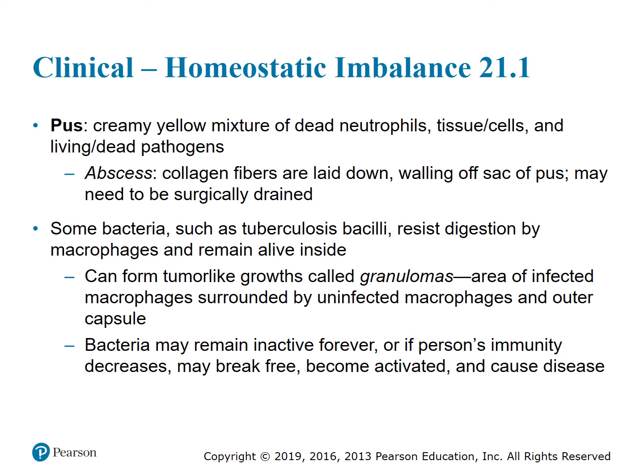They can form tumor-like growths called granulomas, the area of infected macrophages surrounded by uninfected macrophages and an outer capsule. Bacteria may remain inactive forever, or if the person's immunity decreases, they may break free, become activated, and then cause disease.